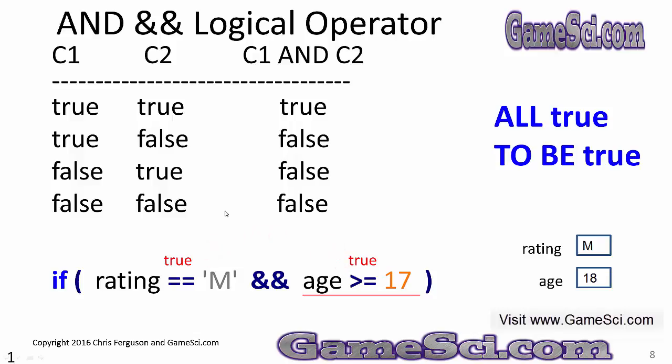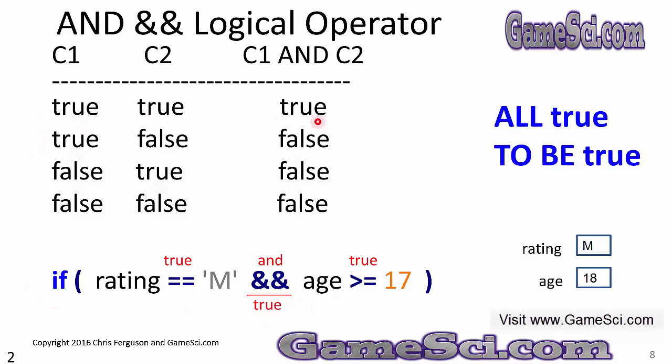Well, that's interesting. The way I remember the AND logical operator is it's all true to be true. You can see here in the truth table, when both of my inputs to the AND logical operator are true, when I AND them together, I get a result of true. So when both inputs are true, I expect the AND to return a true value. And sure enough, you AND true together and you get a result of true.